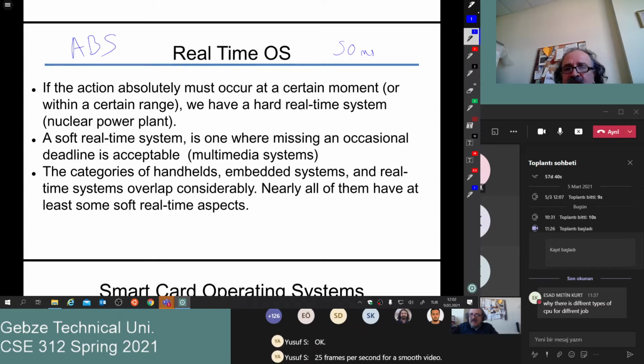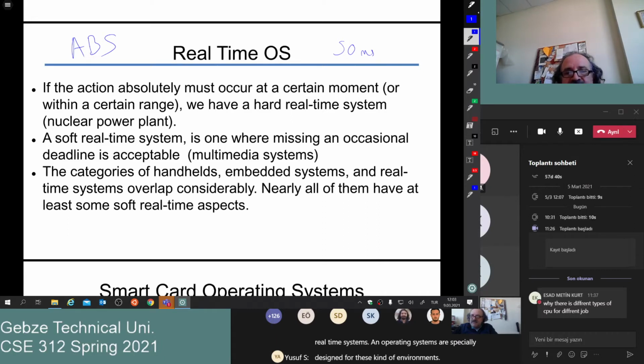From time to time, every 2 minutes, if I show 20 frames per second for 2 seconds only, nobody is going to notice it. Even if they notice it, they say that, okay, it skipped a frame. That's it. So soft real-time systems are acceptable for some cases, but for all the other cases, we have the hard real-time systems. And operating systems are specially designed for these kinds of environments.